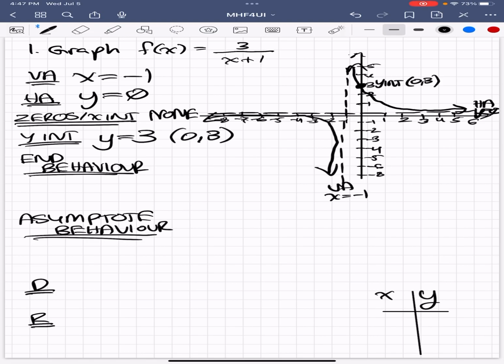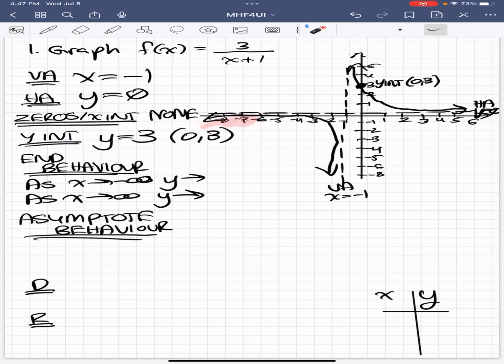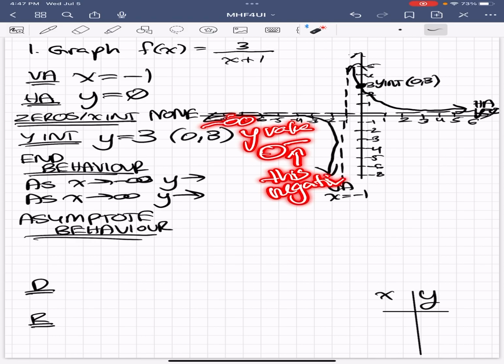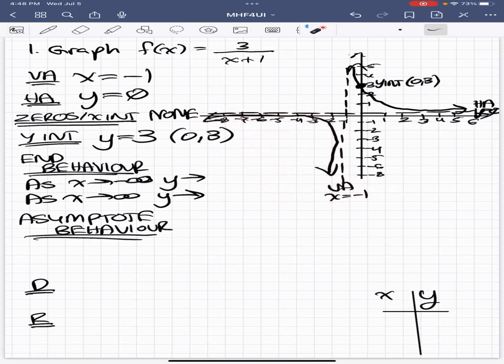So there's our graph there. As x approaches negative infinity, our y value approaches 0 from below the HA, which means we're going to use this negative symbol, so it would be 0 minus.